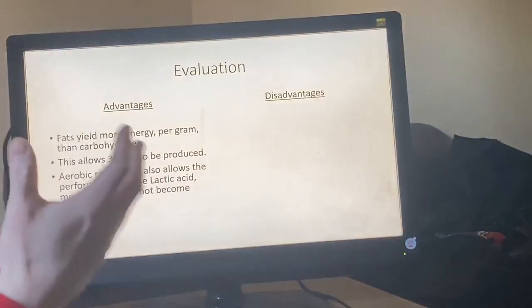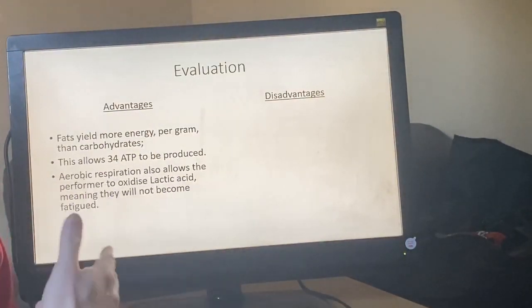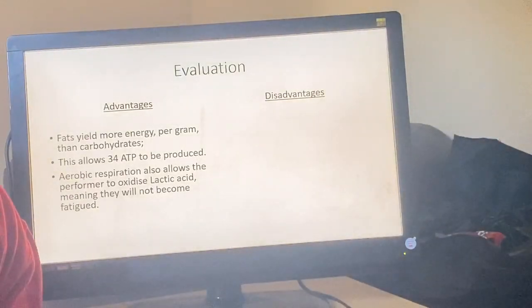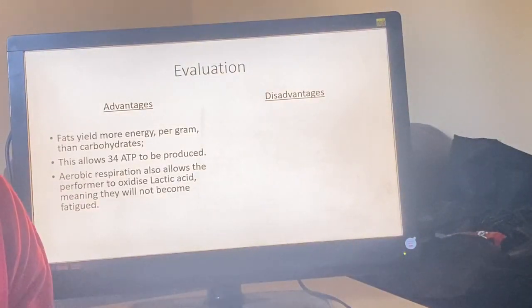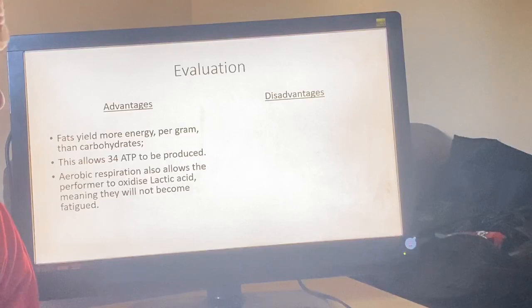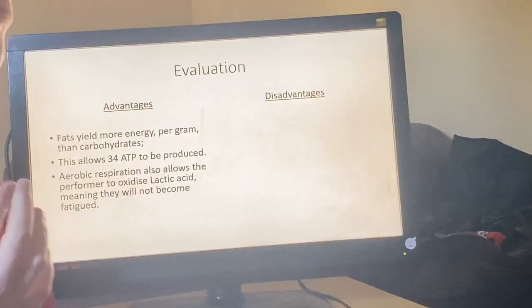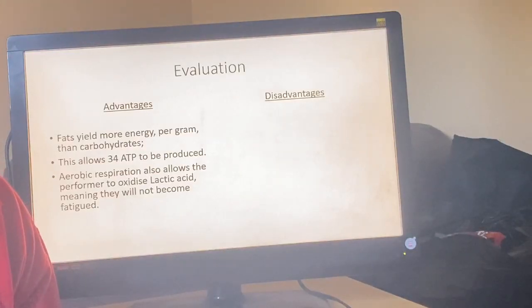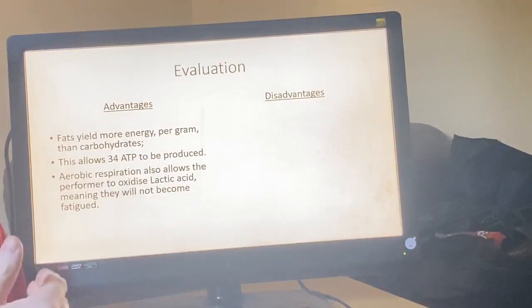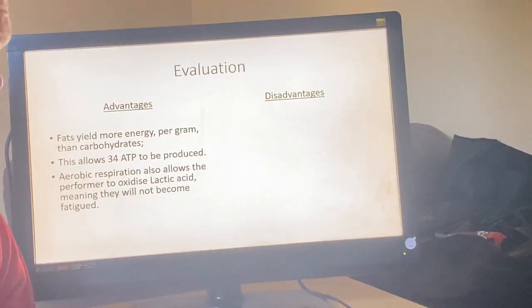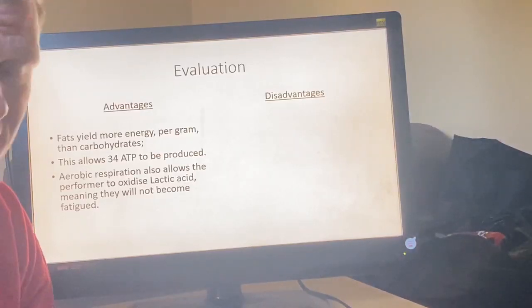Then aerobic respiration also allows the performer to oxidize lactic acid. So when I'm running during a race, let's say there's a period in a marathon and I decide to work at a higher intensity, that might mean that I start to produce some lactic acid. However, when I go back to accessing aerobic respiration again at a lower intensity, that would then mean that some of that lactic acid can be oxidized whilst I'm still working.